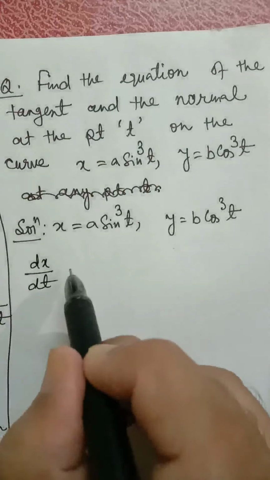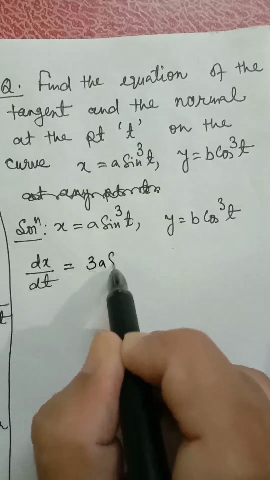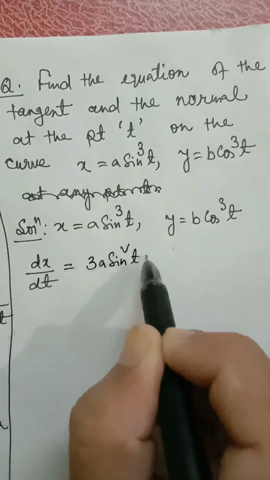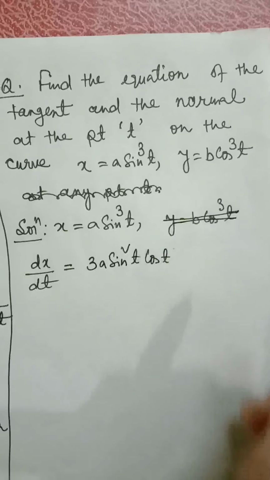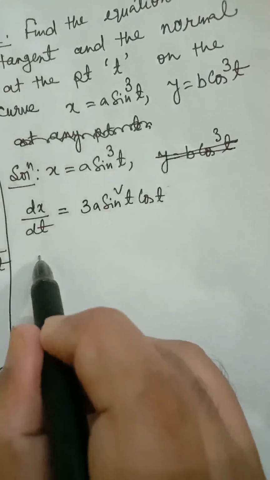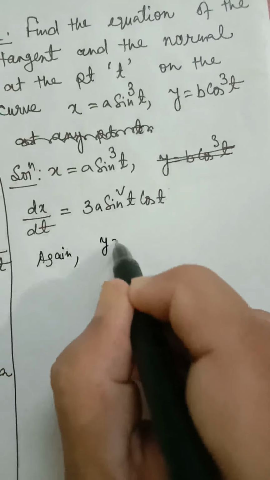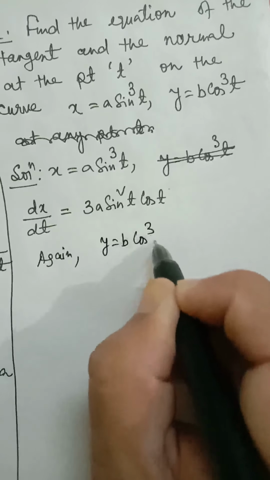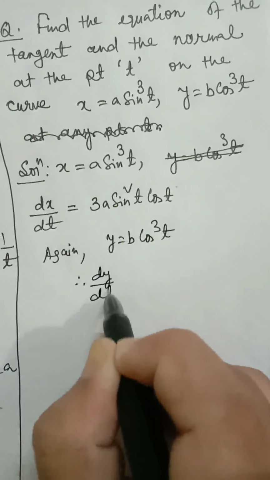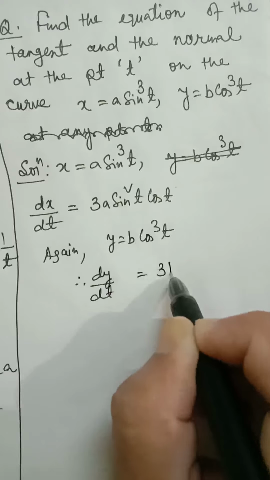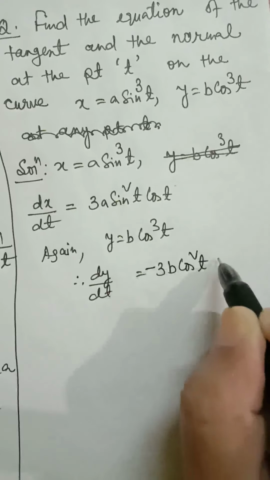For that we have to find dx by dt. dx by dt equals 3a sin square t into cos t. Again y equals b cos cube t, and therefore dy by dt equals 3b cos square t into the derivative of cos t, which is minus sin t.